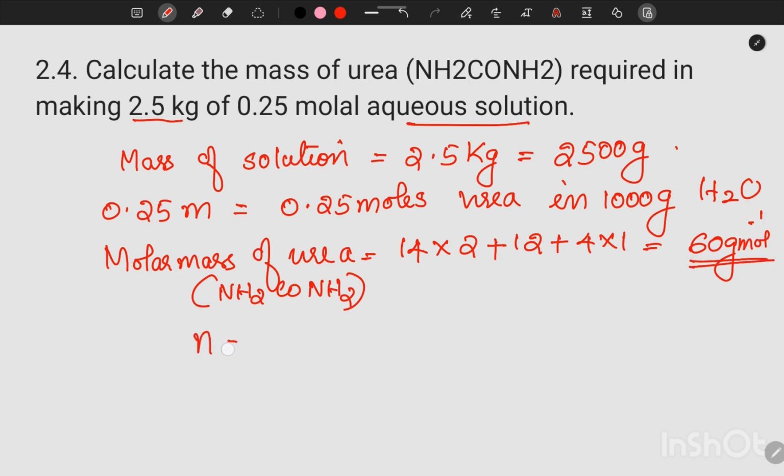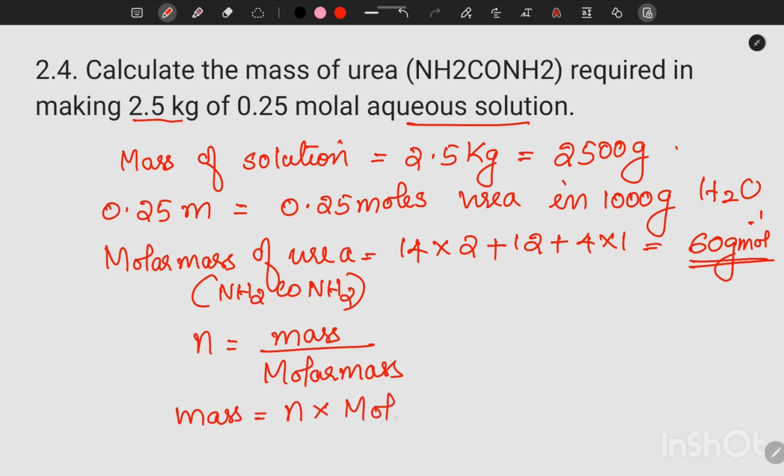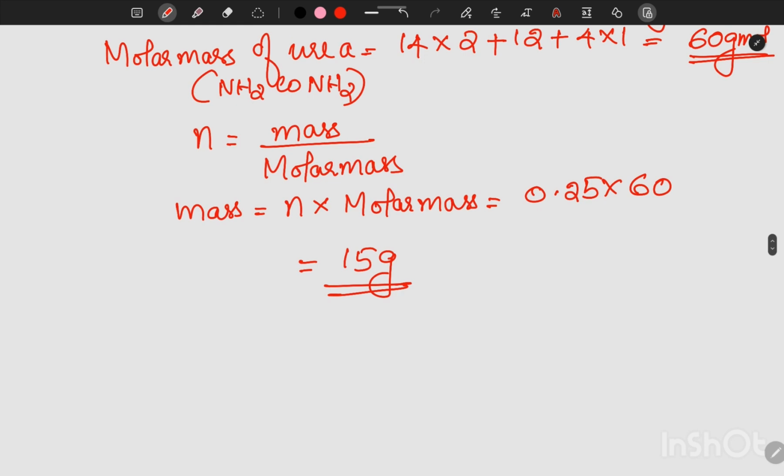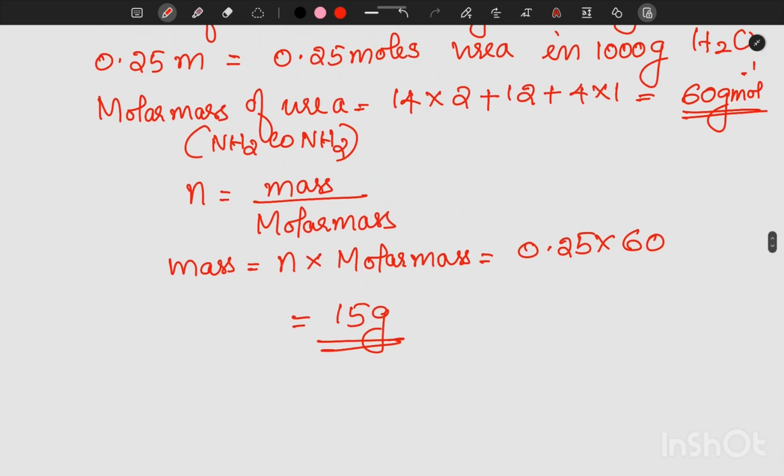So number of moles is equal to mass over molar mass. Number of moles is given in the question. So mass is equal to number of moles into molar mass, which is 0.25 and molar mass is 60. So when we simplify this, you will get 15 gram. So 15 gram of urea is dissolved in 1000 gram of water.